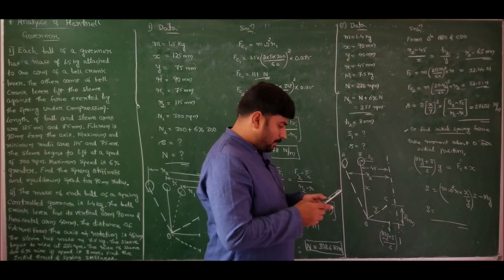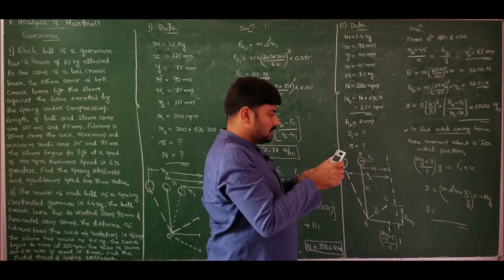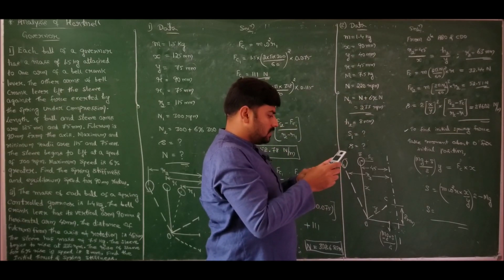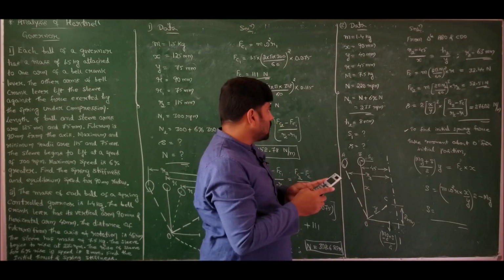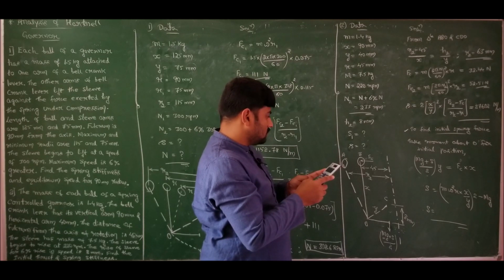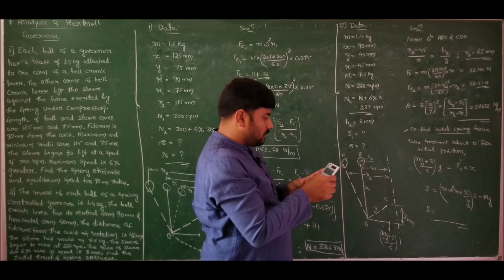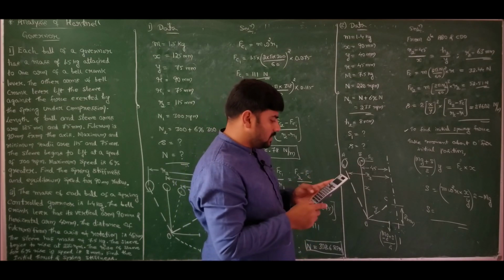That is 2 into pi into n, 220, by 60, whole square multiplied by r. R is given 0.045, into x by y. X by y is left to you to substitute in meters or millimeters because these two units will get cancelled.